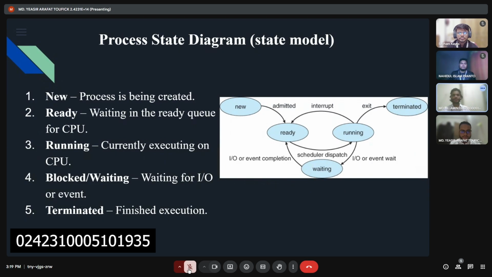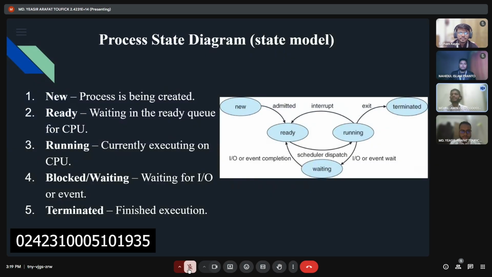Second is ready. The process is loaded in memory and waiting for the CPU. It's not running yet, but it's ready to run. Third is running. The process is currently using the CPU. Only one process can be in the running state at a time. Fourth is waiting or blocked.